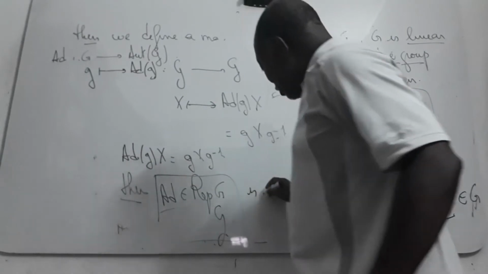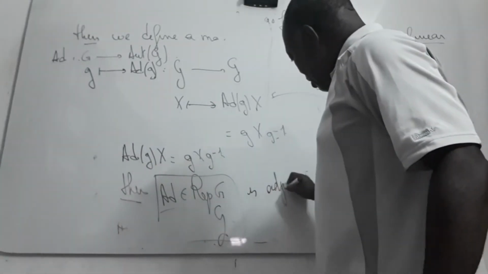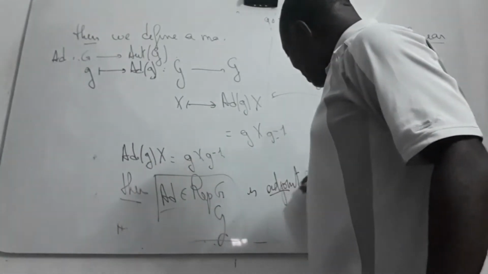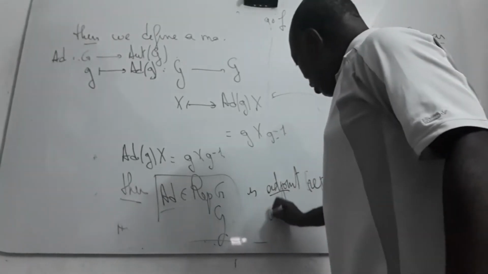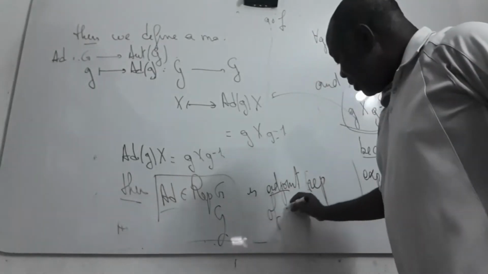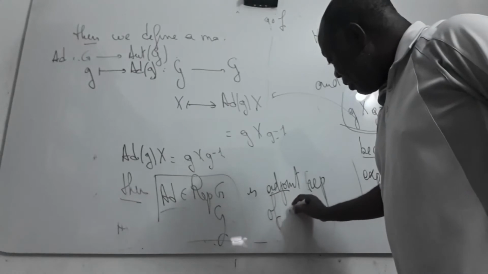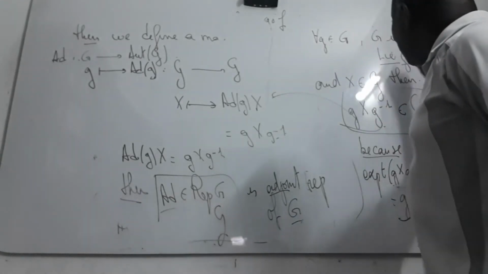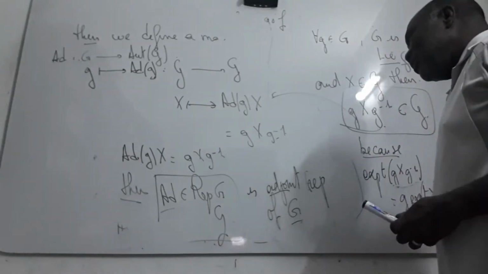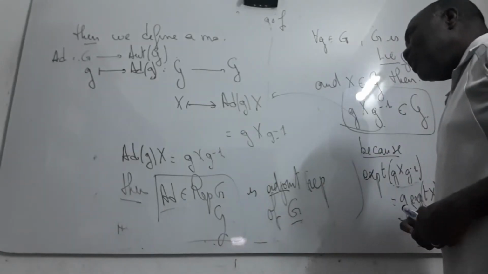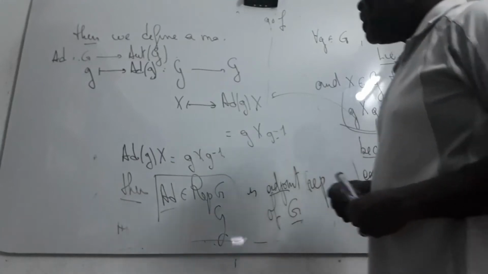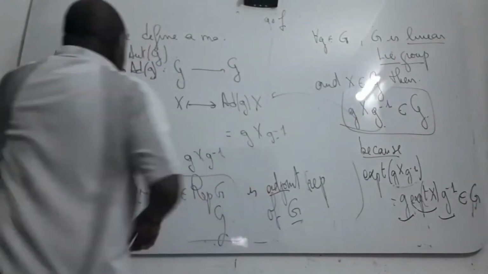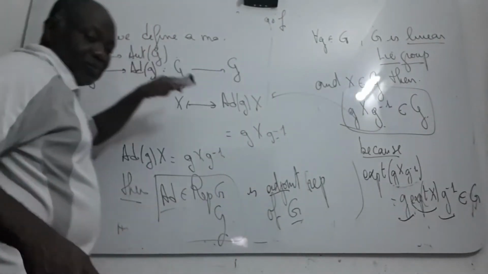It is the adjoint representation of this linear Lie group, which is called the adjoint representation of a linear Lie group. You can prove easily that this is an automorphism.